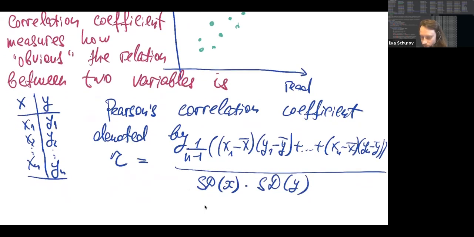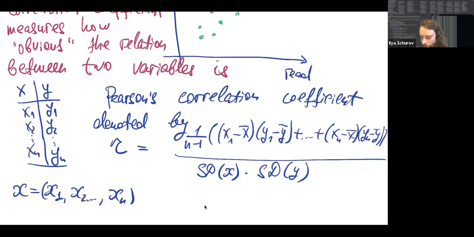So here x is just a sequence x1, x2, and so on, xn. X bar is just an average, and the same with y.